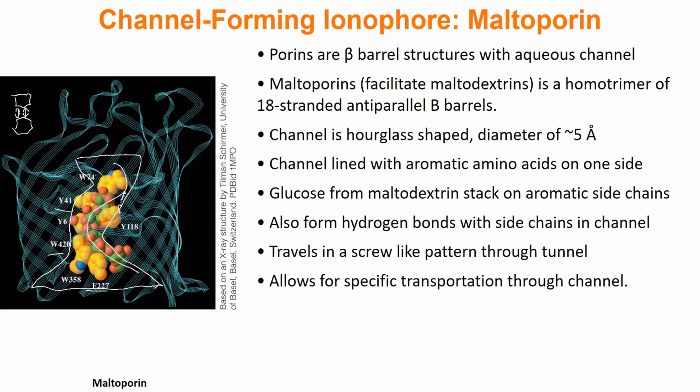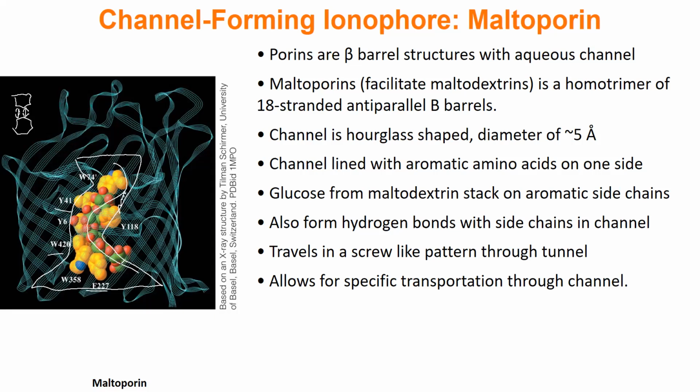You're kind of getting passed through like that. That makes sure that only maltodextrins will go through, right? You have to have all these interactions, and you have to be a specific size, and you need flexibility to go through this chamber, and only maltodextrins can check all those boxes.